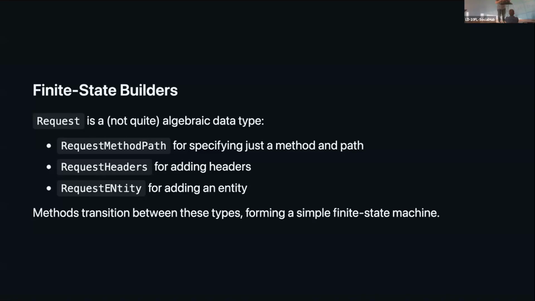So we have request method path when you've got just the method and path, which is where you start. And then if you add headers, you get into the request headers where you can add more headers. And if you add an entity, you get into request entity. So you can transition down here, but you can't go back up. So they form a very simple finite state machine.